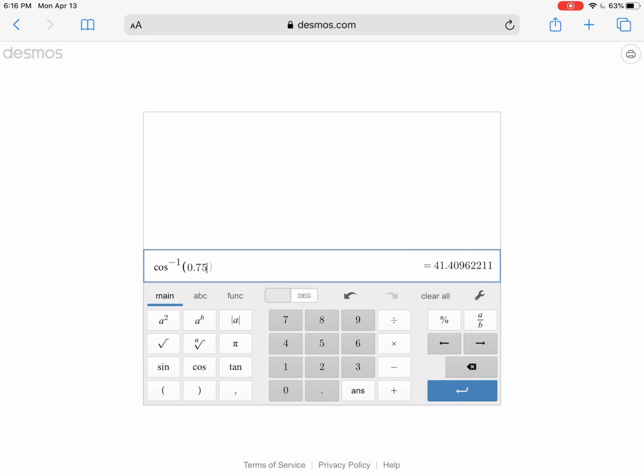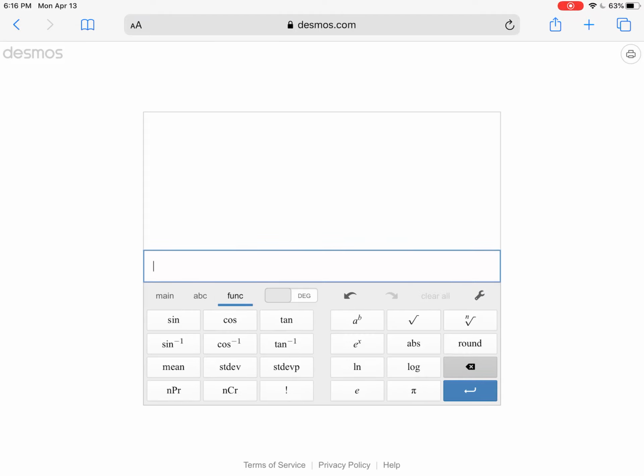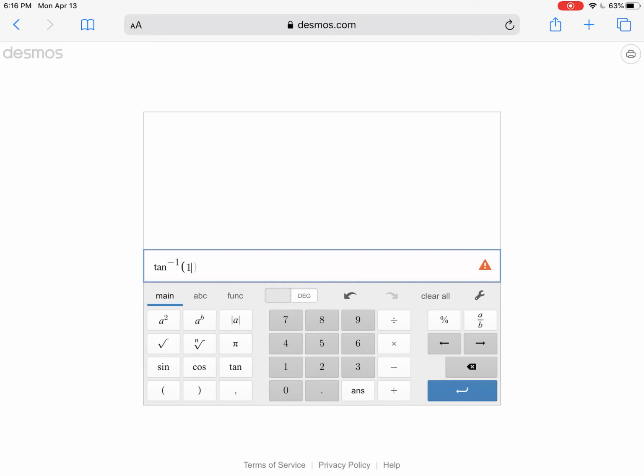Oh, really? 41.410, because you would round up. All right, and last but not least, we're going to find the inverse tangent. So inverse tangent, let's go of 1.2. And when you do the inverse tangent of 1.2, you get 50.194.